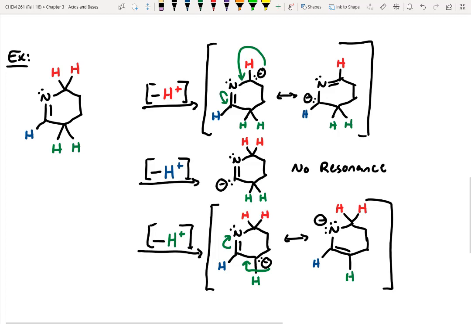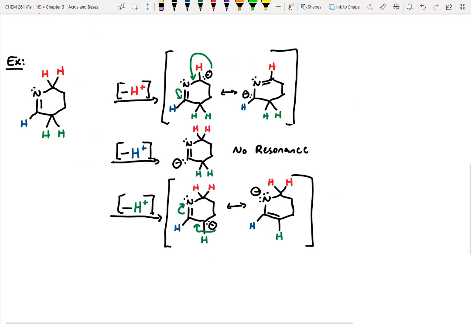And we have to think about them in a bit more detail. In the first one, the negative charge is shared between two carbon atoms. The bottom one, the negative charge is shared between a carbon atom and a nitrogen atom. Now what do you think is the most stable? Yeah, the carbon-nitrogen one, right? So again, we're defaulting back to that atom rule because we need to look at where that negative charge is located, which atoms it's on.